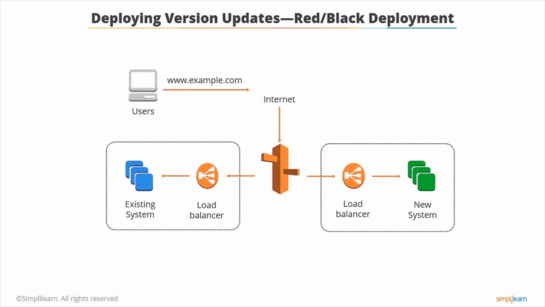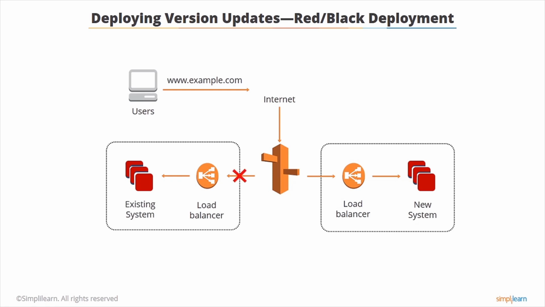Red or black deployment. This is a variation on the blue or green method used by Netflix. In this model, the existing or red system exists in parallel to the new system. Once the new system is fully initialized and running, the infrastructure is considered to be in a red state. Next, the traffic is cut off to the existing system, putting it in a black state.